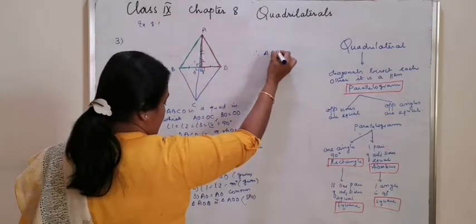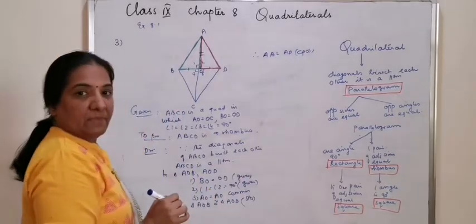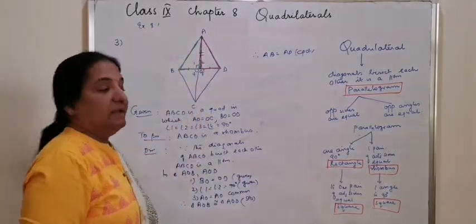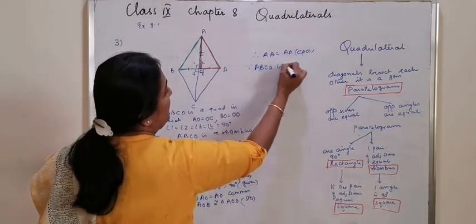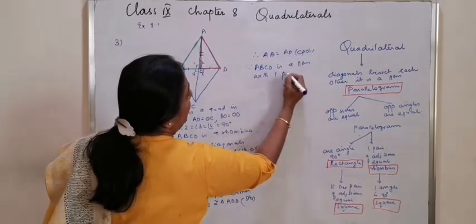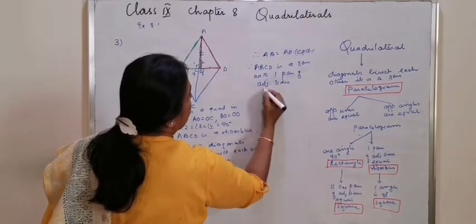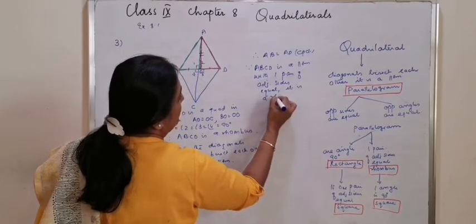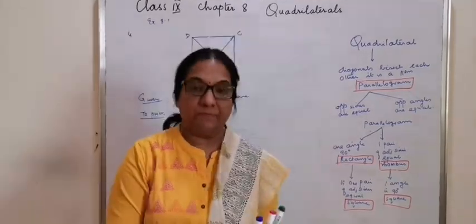Therefore, AB is equal to AD by CPCT. If in a parallelogram one pair of adjacent sides is equal, it is a rhombus. So, since ABCD is a parallelogram with one pair of adjacent sides equal, it is a rhombus, and hence the proof.